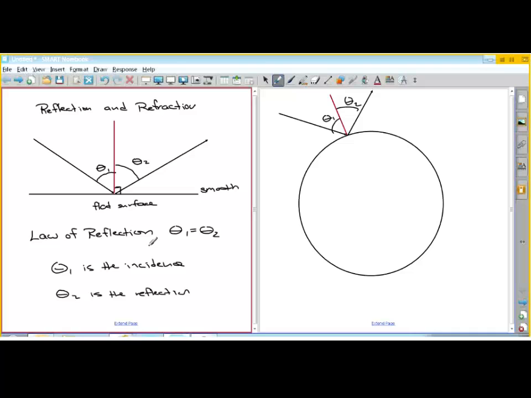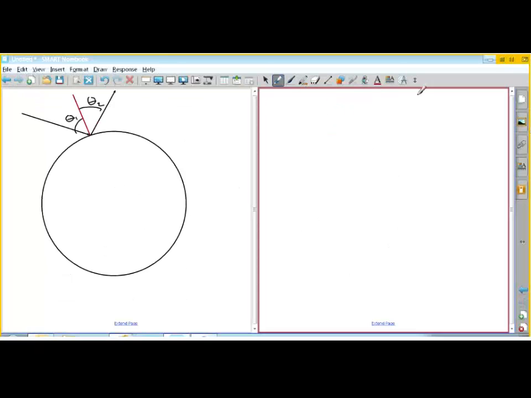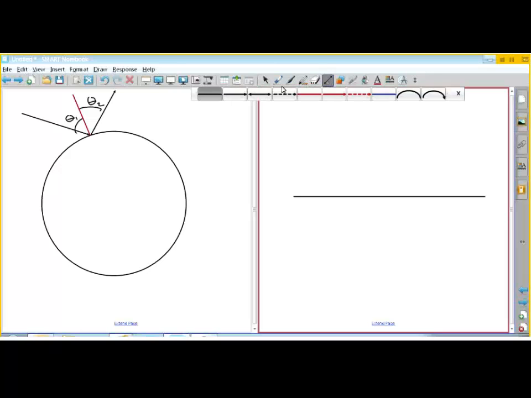Okay, now if you want to talk about refraction, what is refraction? We have a surface, but it's not a reflective surface. It's a transparent surface like glass. The mirror is glass with a kind of metal backing on the backside, so it has some reflective properties.